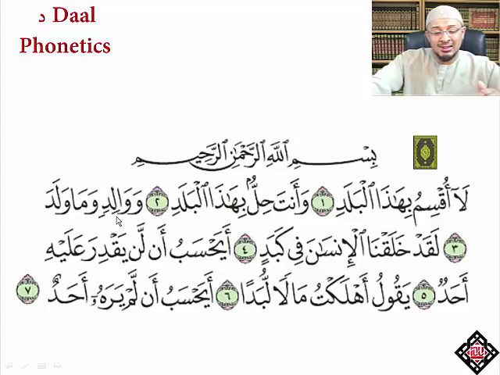So the dal is pronounced, but at the end there is a vibration, right? That's qalqala. We see that the dal is not too hard nor is it too light. Proper articulation at the makhraj, the tip of the tongue, and at the ridge of the gums or the beginning of the hard palate.